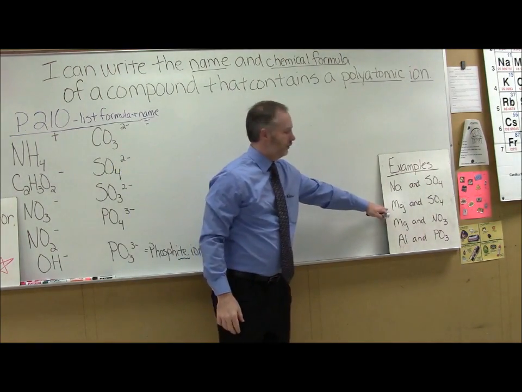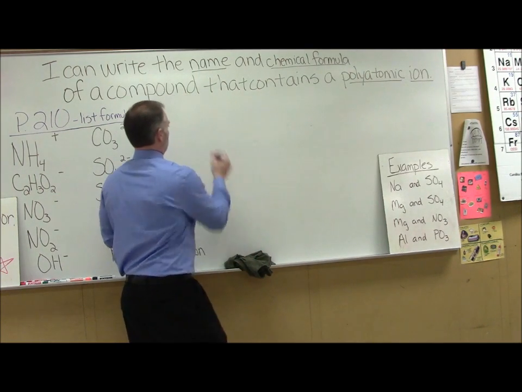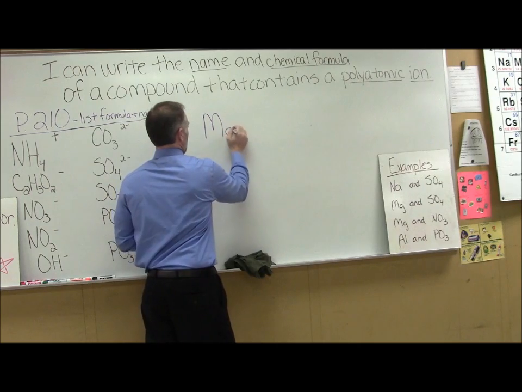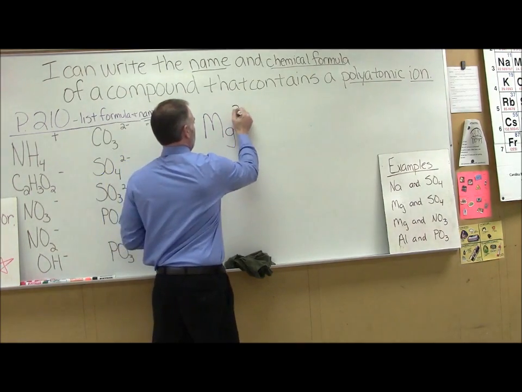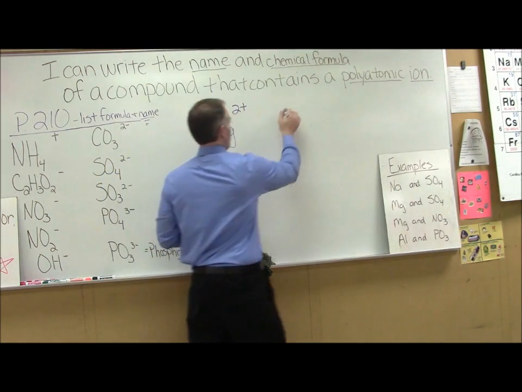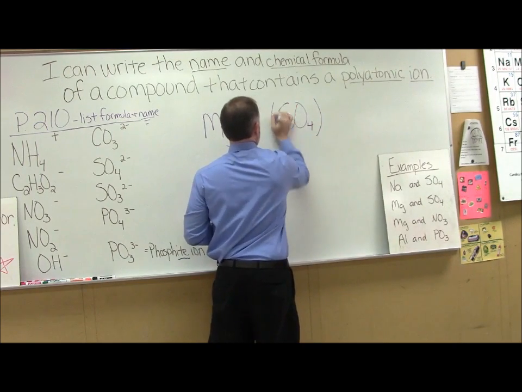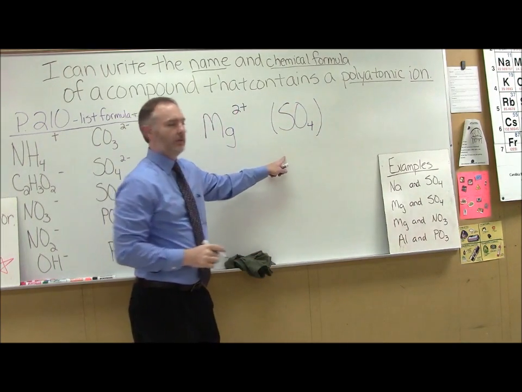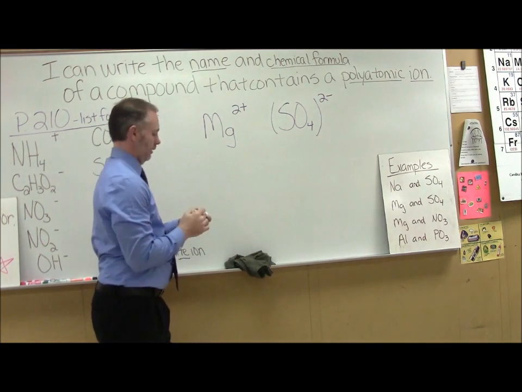Next one, we're going to do magnesium and sulfate combined together. The charge of magnesium, you need to know how to get that, is +2. Your sulfate, parentheses, charge outside applies to the whole thing.